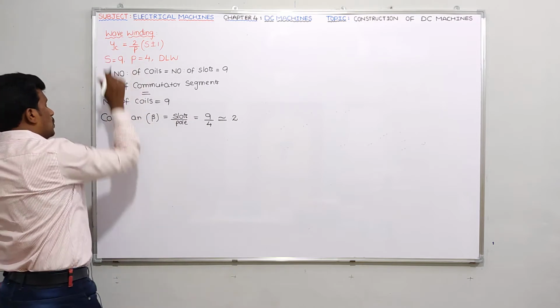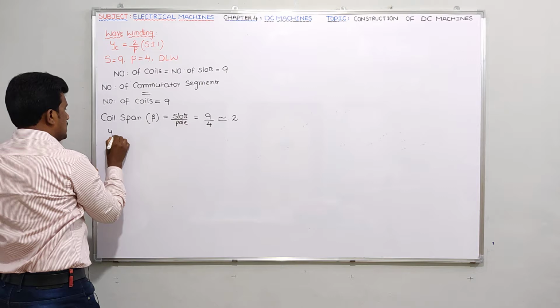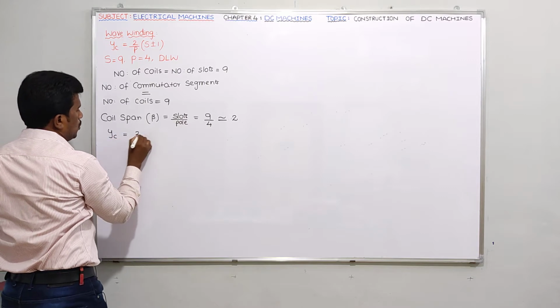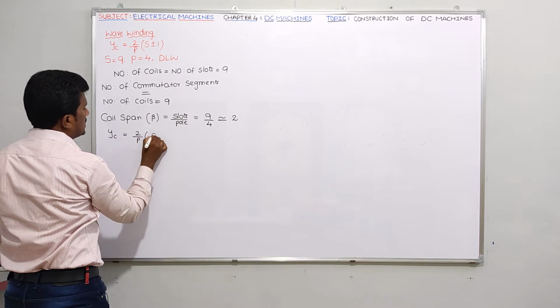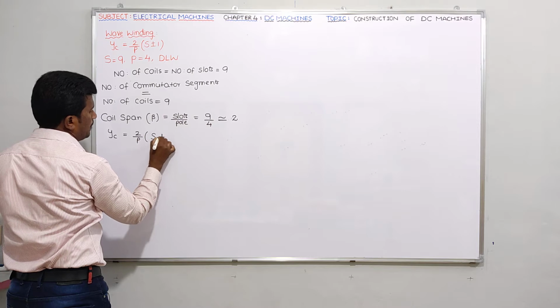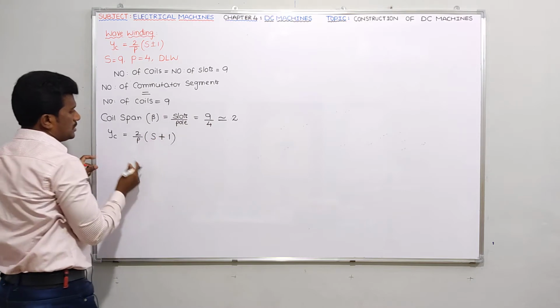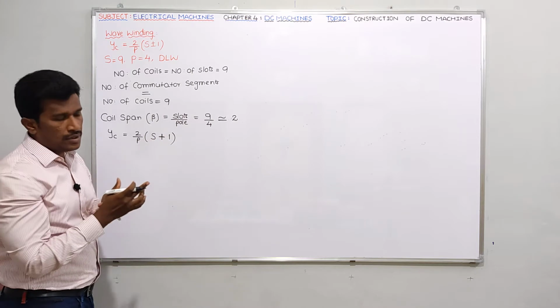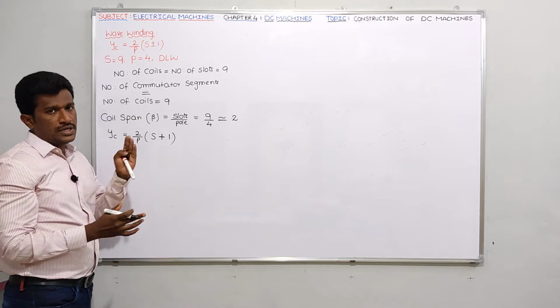Now please calculate the commutator pitch also. YC equals 2 by P into S plus or minus 1. I am taking plus because I am writing the formula for progressive winding, where winding goes from left side to right side.